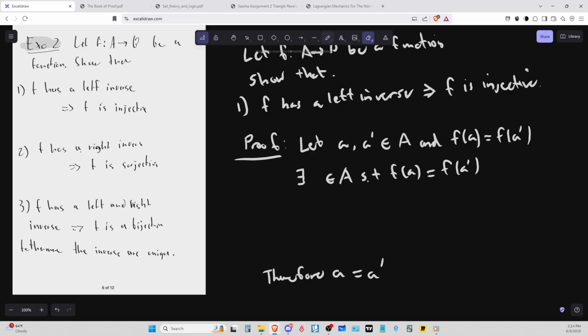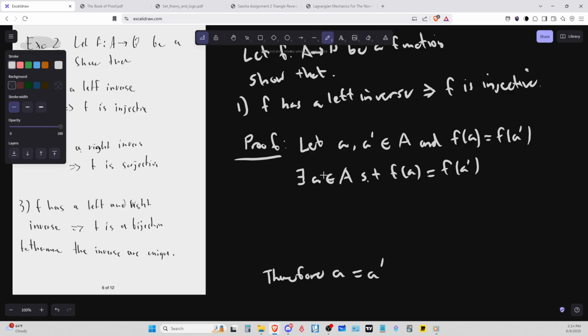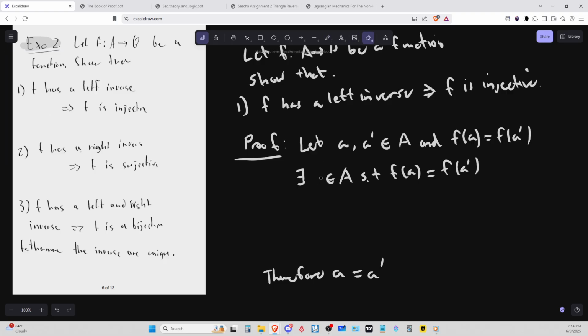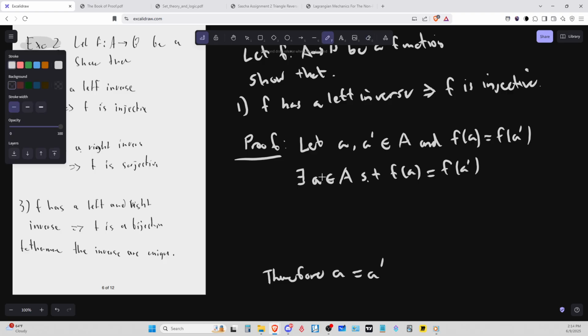Why don't we write that A? Didn't look that great. There we go. There exists an A in A such that f of A is equal to f of... Maybe we have to use B in this case.